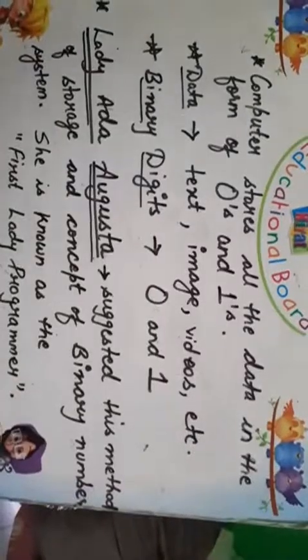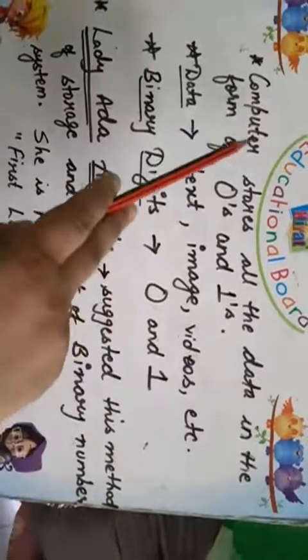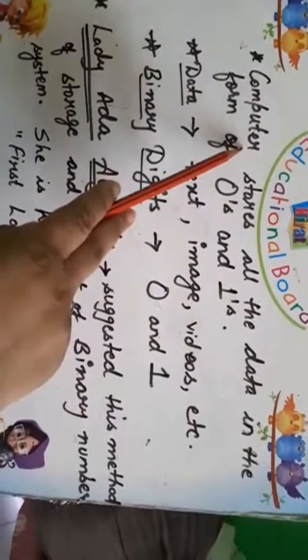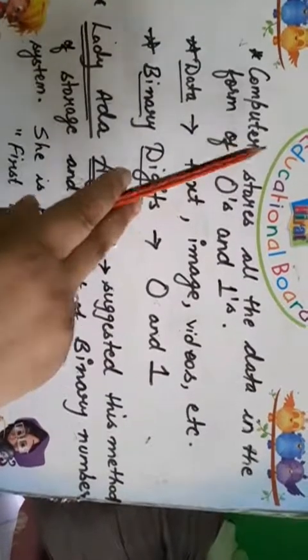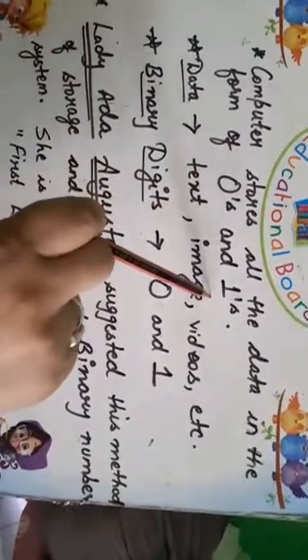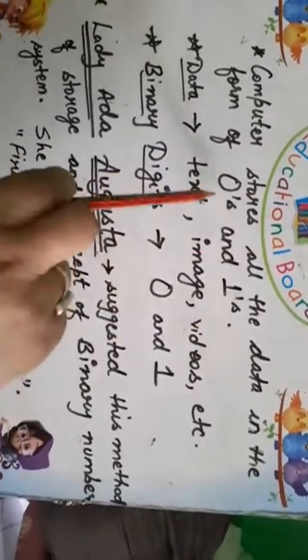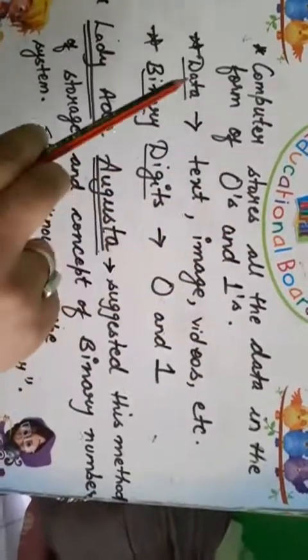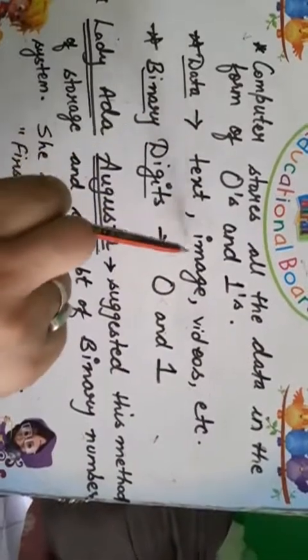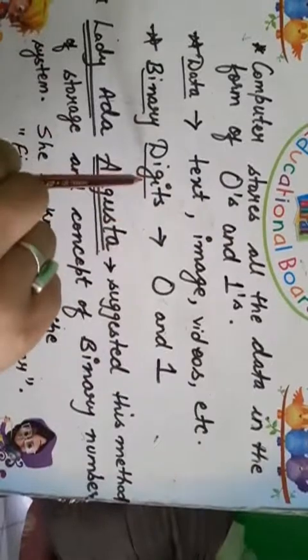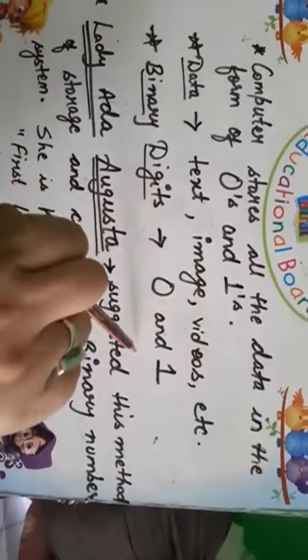Now children, as we all know, computer is an electronic machine, so it can only understand the language which is written in machine language, that is, in the form of zeros and ones. That's why a computer stores all the data in the form of zeros and ones. Data could be anything: text, images, videos, etc. And the binary digits are 0 and 1.